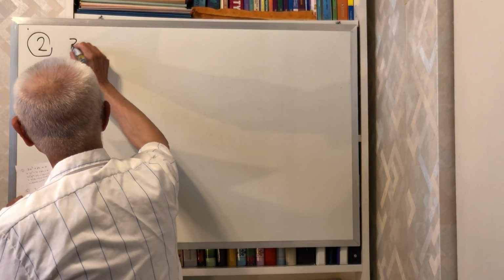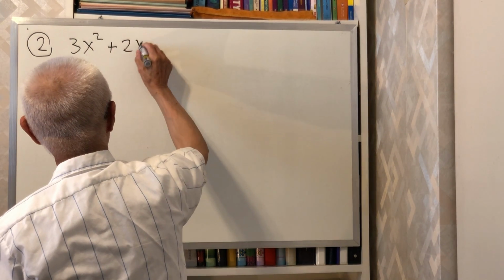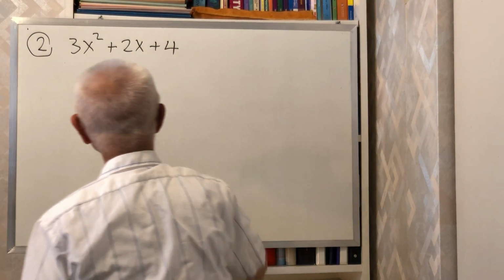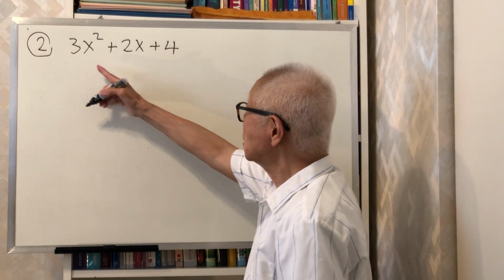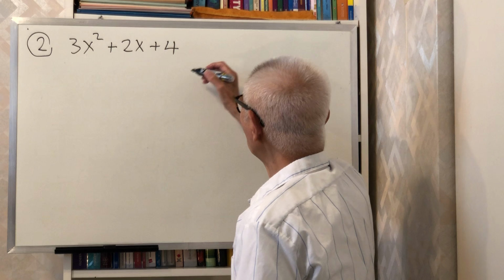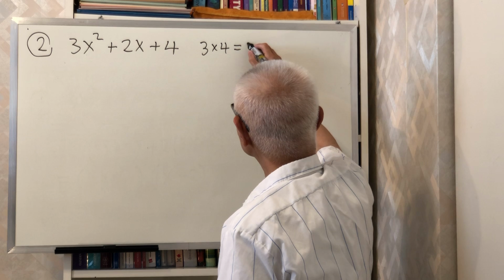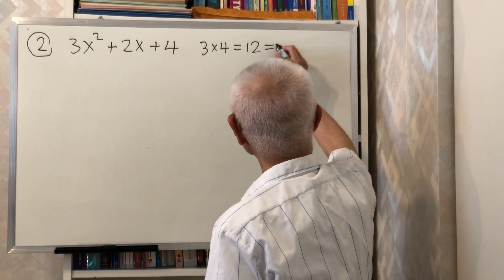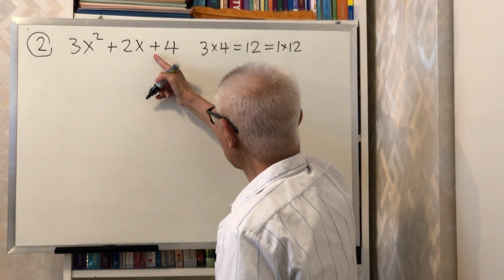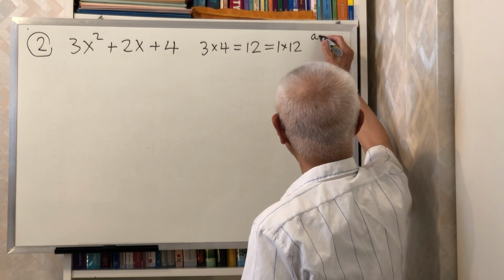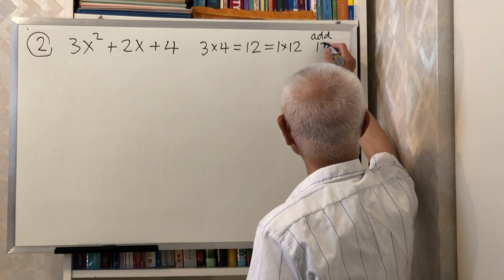Example 2. As before, we multiply 3 and 4, which is 12. 12 is 1 times 12. This plus sign means add, so I add 1 plus 12 is 13.